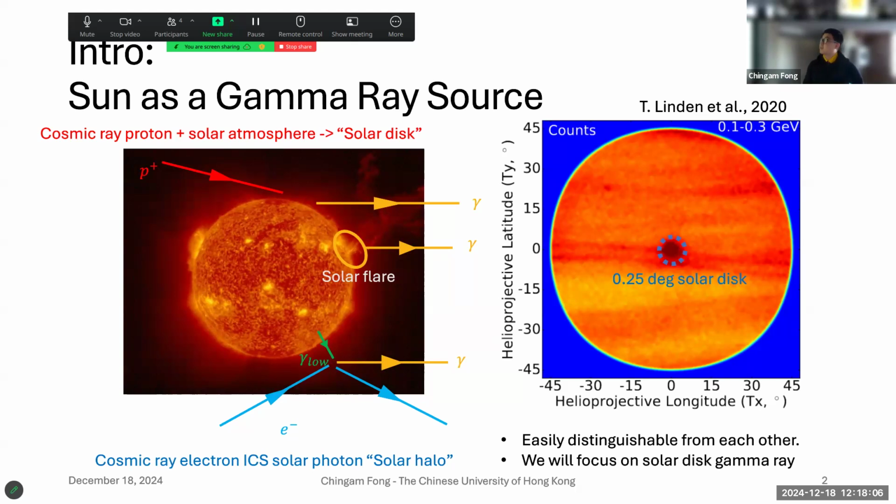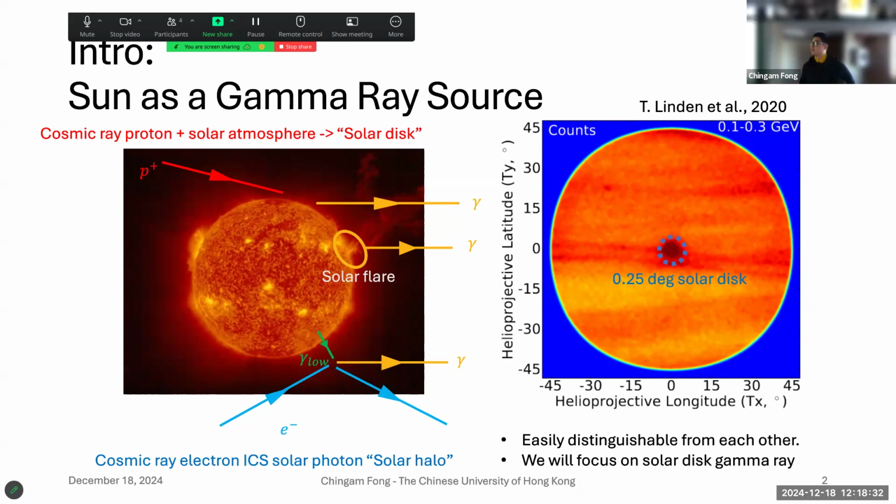In this study, we are focusing on the hadronic components, the ones that come from cosmic ray protons. You can also see that these three components are easily separable in observation. This is an observation by the Fermi Large Area Telescope, in which the hadronic component mainly focuses on the 0.25 degree solar disk, because the cosmic rays have to hit the atmosphere of the sun for the particle shower and gamma rays to come out.